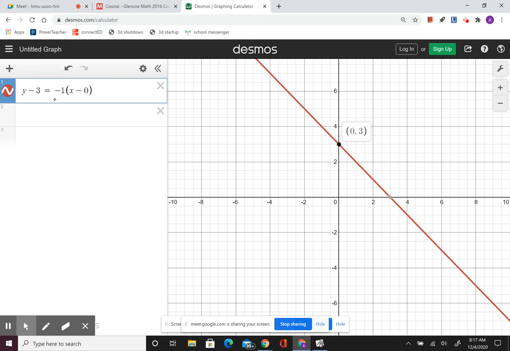Negative 2, 5. Is negative 2, 5 a point on that line? Yes, it is. So you can say, yes, I'm pretty confident that that is the equation of the line through those 2 points. So that's a way to check your work using Desmos.